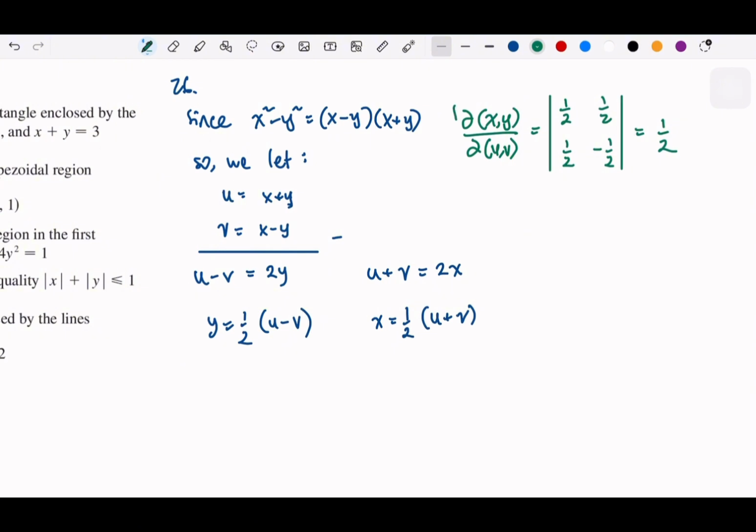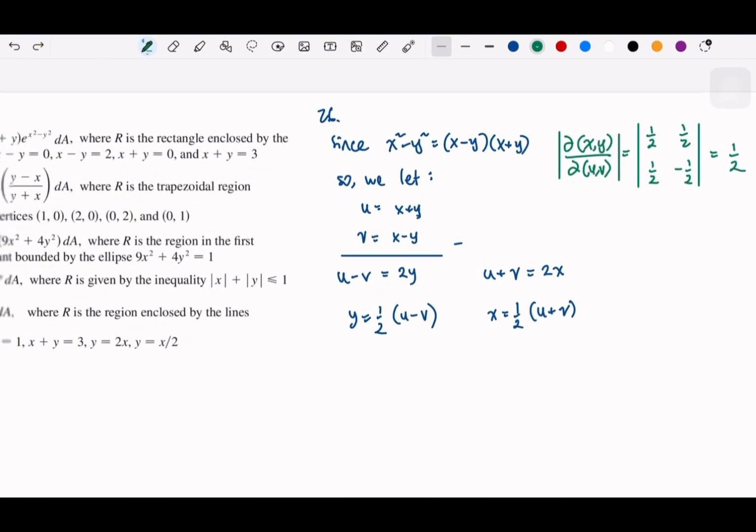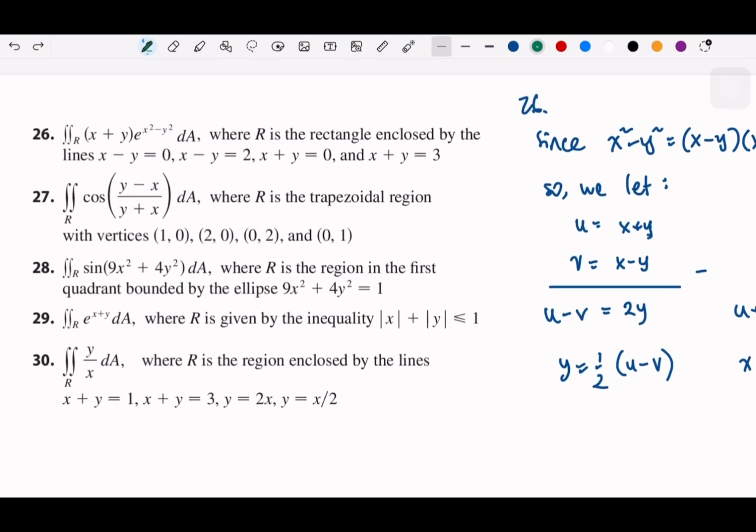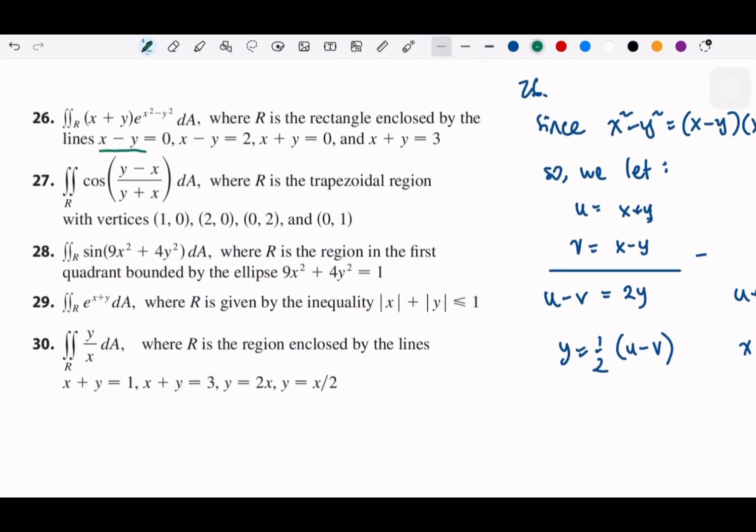Or let me write here. This should be absolute value here. And maybe it's confusing, maybe I will just leave that for you. Okay, and then we take the image, because we have all these terms, right?